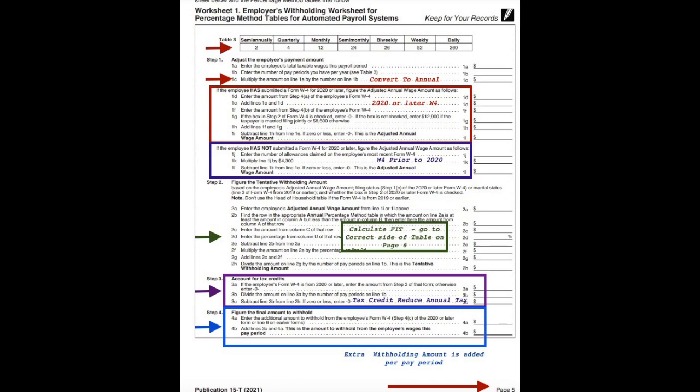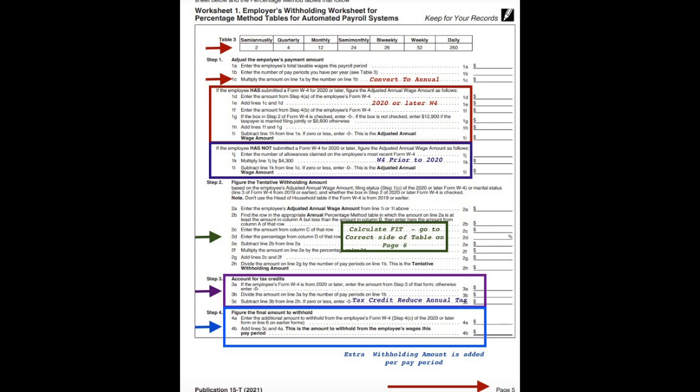So you will see how many allowances were claimed by the employee on the W4, and then you will multiply that by 4300 because each allowance is 4300. So if the employee claimed 3 allowances, then you will multiply 4300 by 3 to get the amount, and then you subtract that amount from line 1C, which is your annual income, and that's how you will calculate the adjusted annual wage amount. And then move on to step number 2.